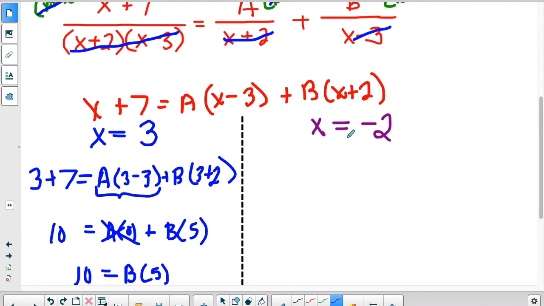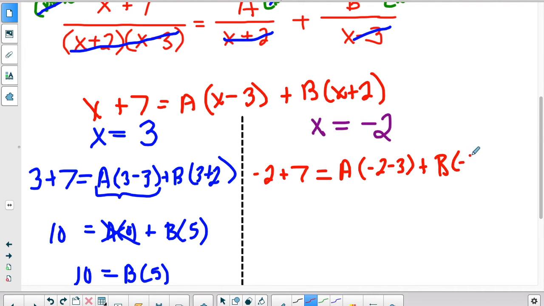Now that's the same reason why we chose x equal to negative 2 also, because when I plug negative 2 into this here, I get negative 2 plus 7 is equal to a times negative 2 minus 3 plus b times negative 2 plus 2.